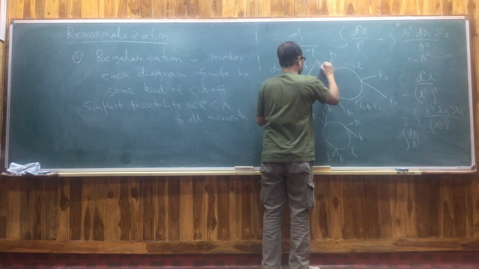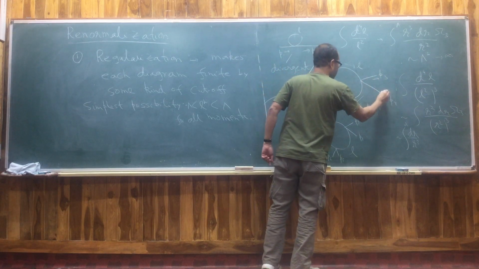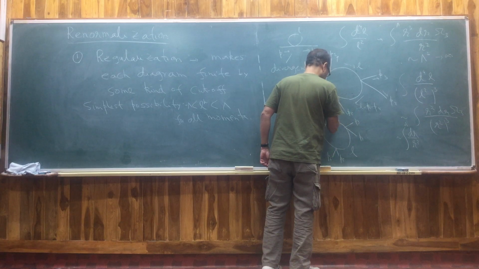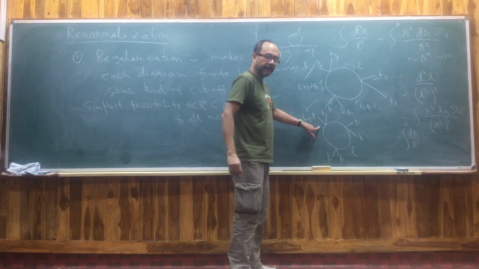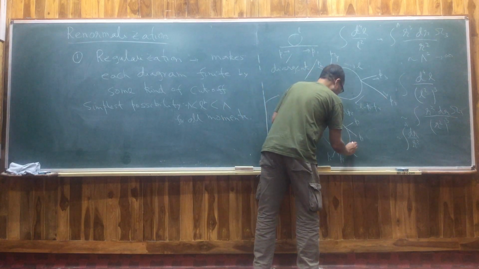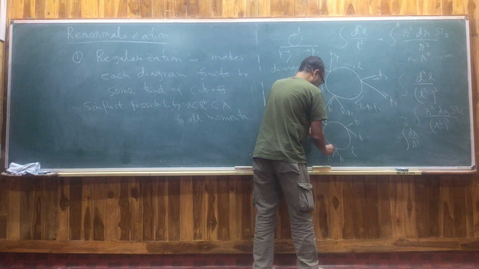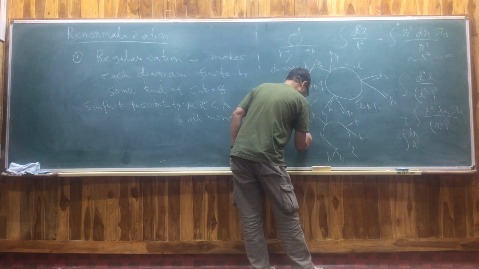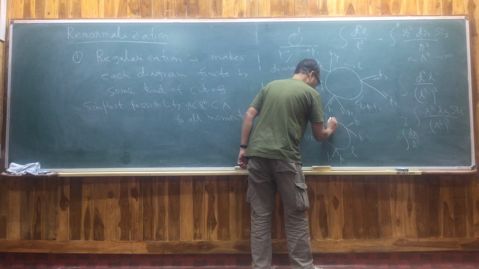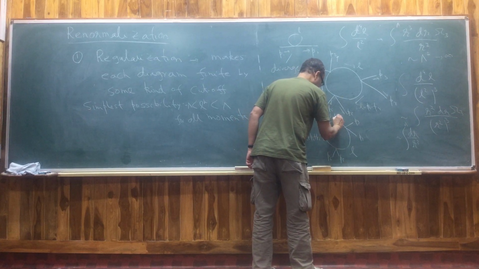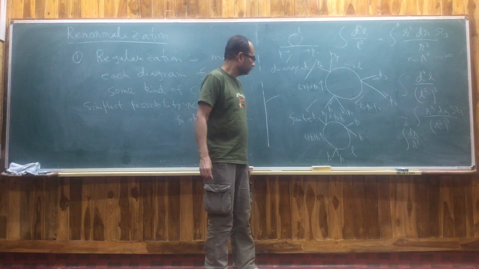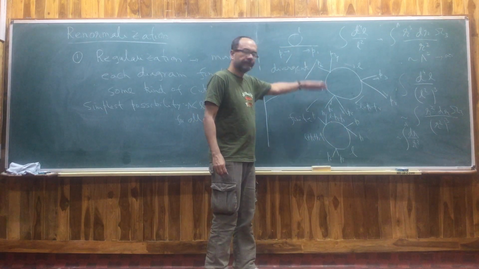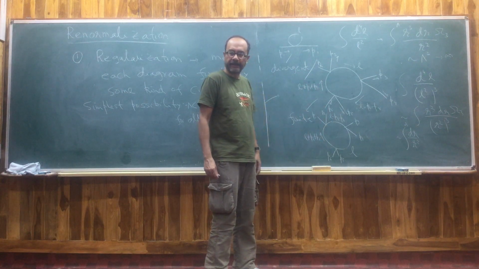These are all going out. But for the same diagram, suppose you call this momentum L, then this becomes L plus P5 plus P6, and this becomes L minus P3 minus P4. Same diagram, different labeling. This is referred to as releveling.